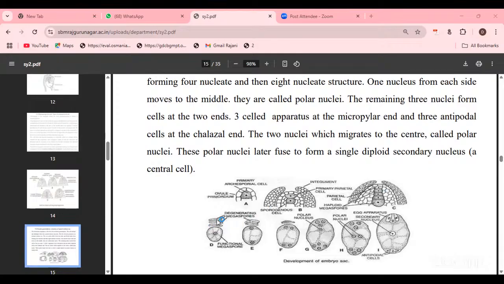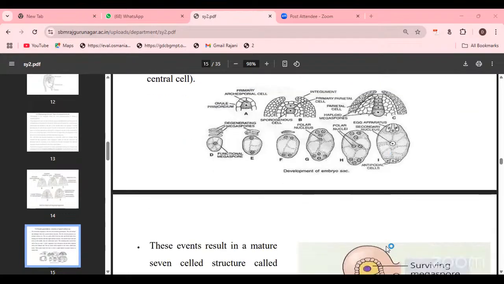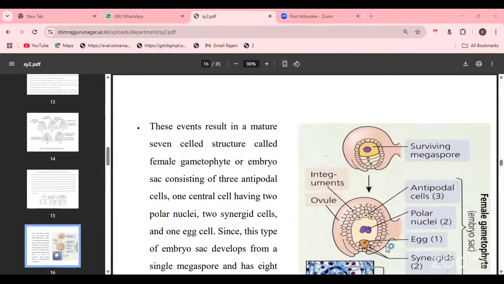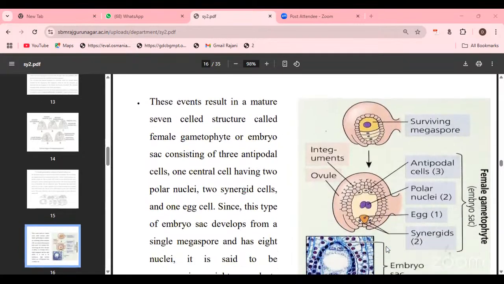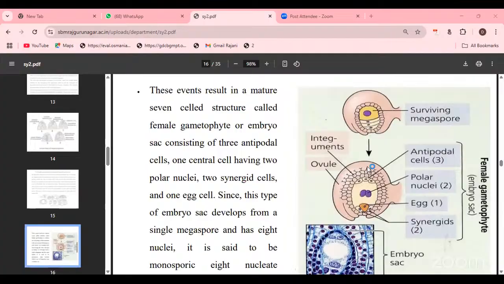See, these three are the degenerated megaspores, and only one is the functional megaspore. Here are the polar nuclei, the egg apparatus, the secondary nucleus, and the antipodal cells. These events result in a surviving megaspore.